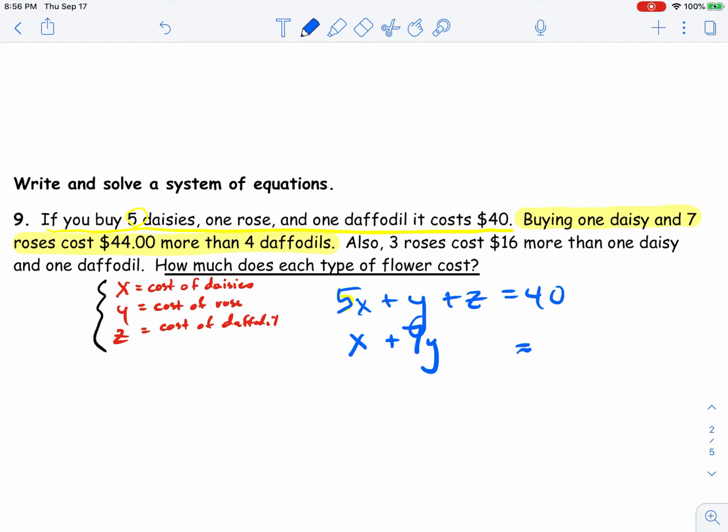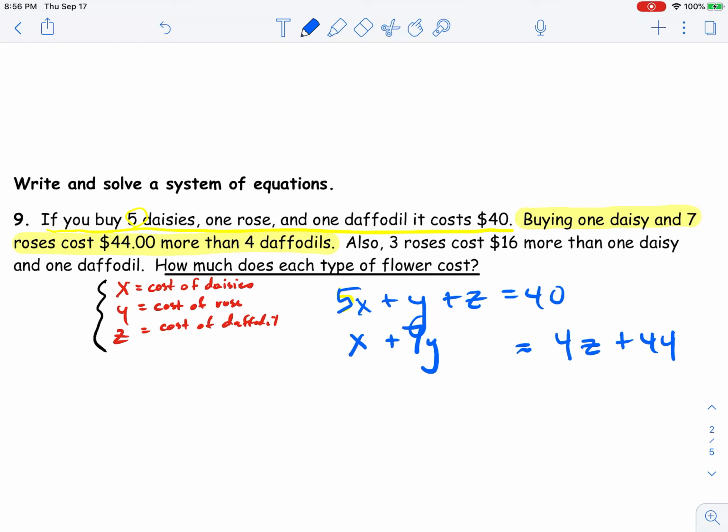So the equation that we want to write is 4 of those daffodils. But what we have to do is figure out, where does that 44 go? It says buying 1 daisy and 7 roses costs $44 more than 4 daffodils. So if I add $44 over here, they're going to be equivalent.